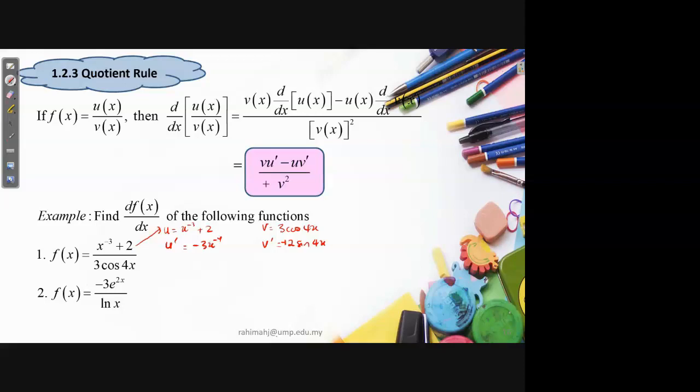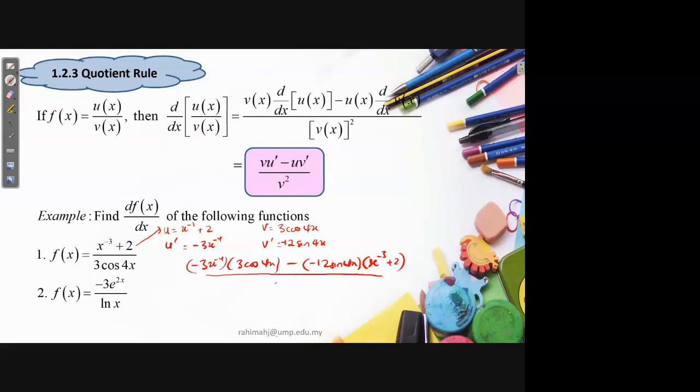Okay, let's substitute into the formula. u prime is negative 3 x to the power of negative 4 and v is 3 cosine 4x, minus v prime, which is negative 12 sine 4x, times u, which is x to the power of negative 3 plus 2, all over v squared.